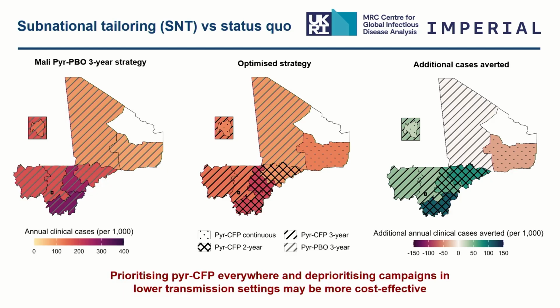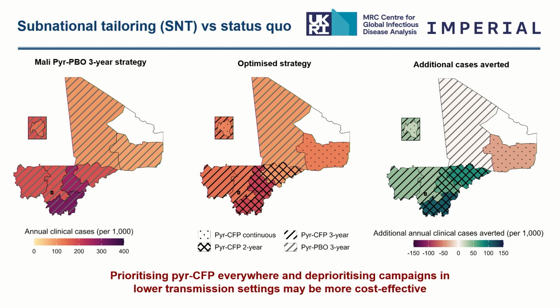So we can see that in the much higher transmission southern regions, we're estimating we could avert potentially as much as around 150 clinical cases per 1,000 by having this very targeted but very expensive 2-year chlorphenapyr strategy, although the trade-off is a slight increase in cases in the region of Gao where we've deprioritized entirely, although the additional cases that we're estimating here are around 20 to 30 per 1,000, but we're estimating we could maybe avert 150 per 1,000 in the southern region.